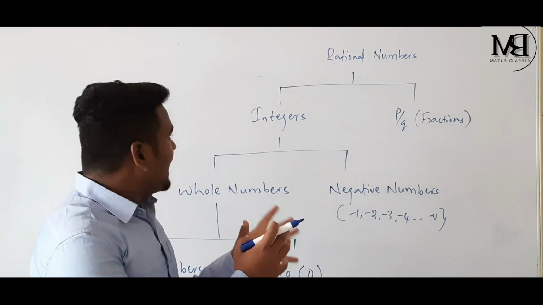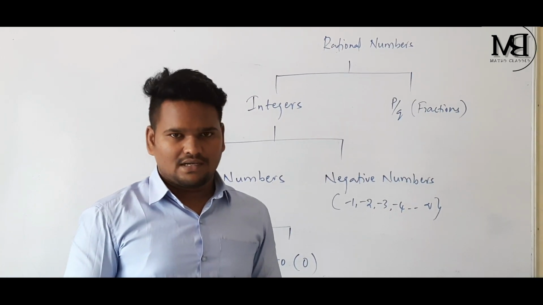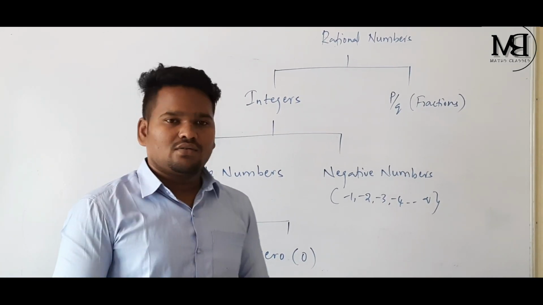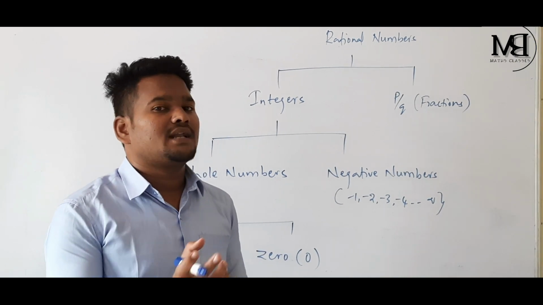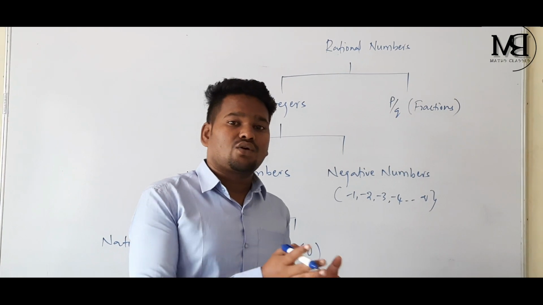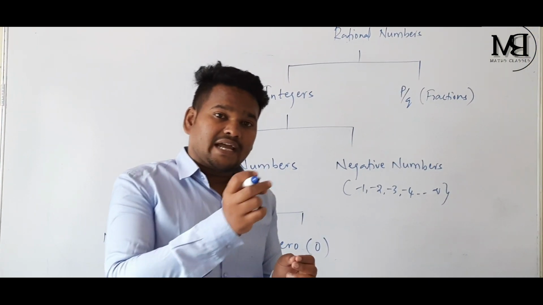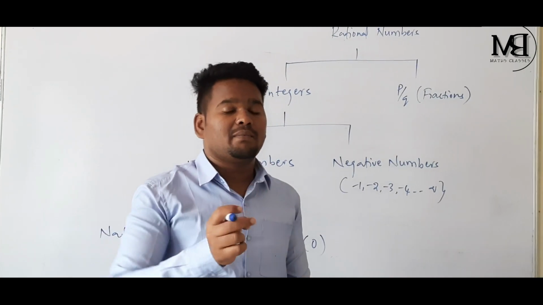And see children, apart from these numbers we also have 2-3 more numbers here. The numbers which are not rational numbers are called irrational numbers, means the numbers which cannot be written in the form of p by q.